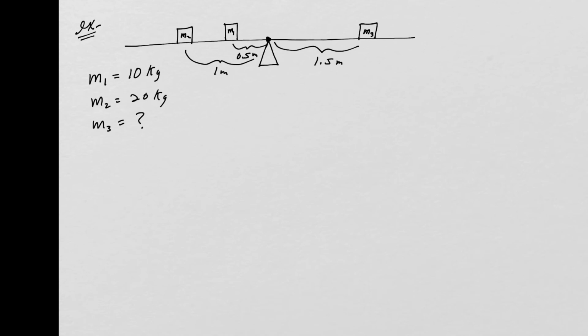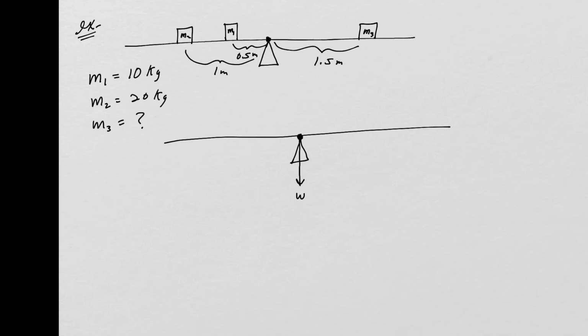Okay, so first of all, what are all the forces acting on this? Let me draw this again here. Assuming the seesaw itself, that board, is uniformly distributed, the weight of the board is going to act straight down at the center, at the center of mass of the board.